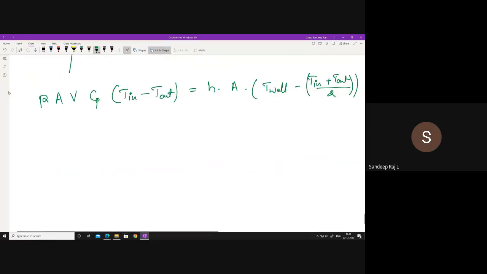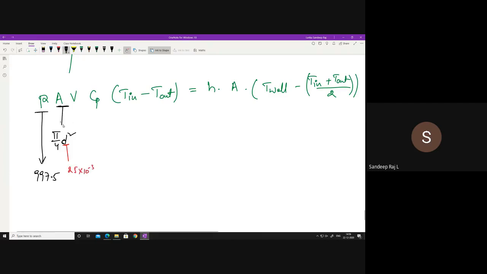Like this, the rho value is 997.5. The A value is pi by 4 d square. And what is the d value in this? 25 into 10 to the power of minus 3.